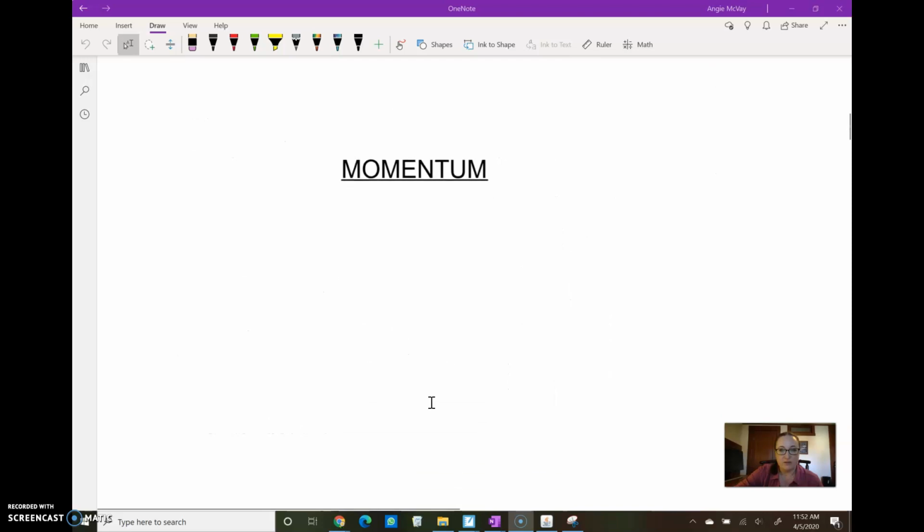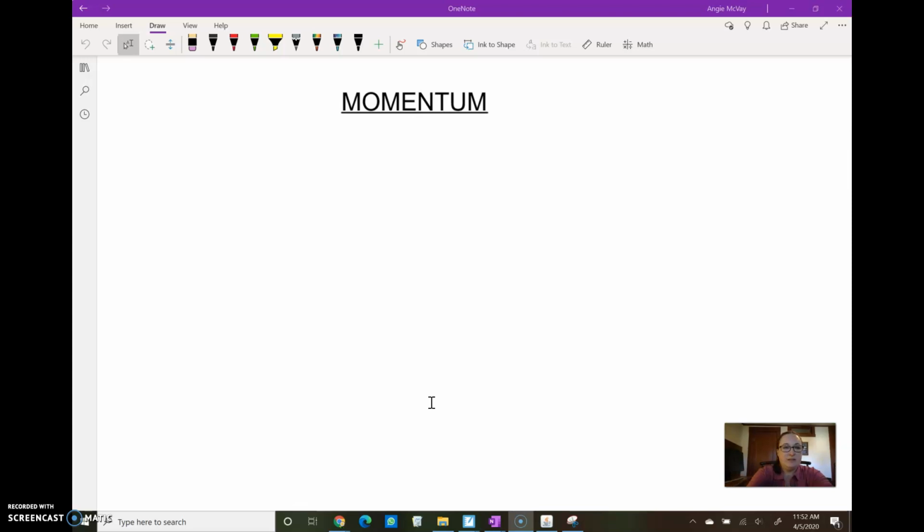All right, so momentum is a measure of an object's, I like to call it oomph, but it's inertia in motion.